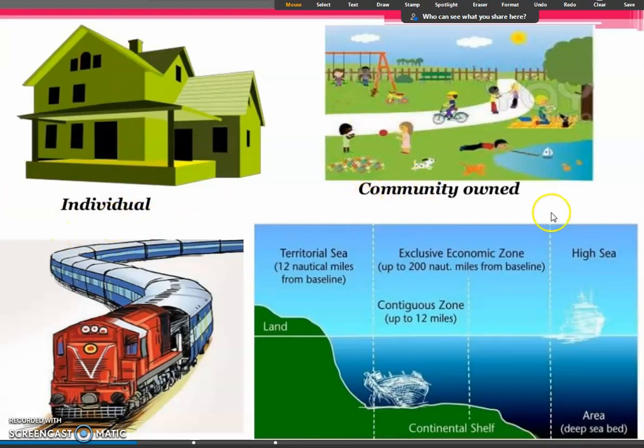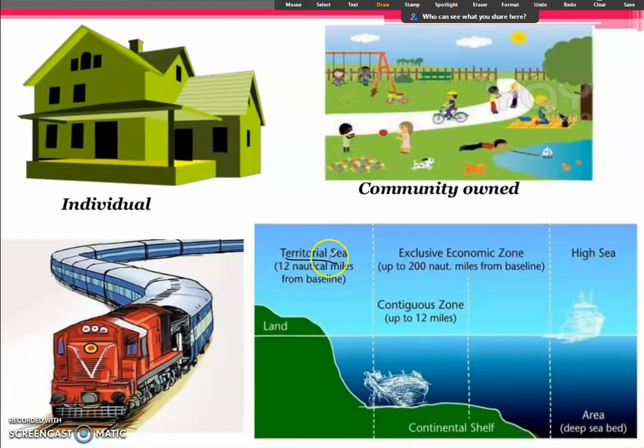Then this is a community-owned resource, a public park, right? And when it comes to international and national resources, this is a diagram that you need to understand. Can you see this? It's the territorial sea.